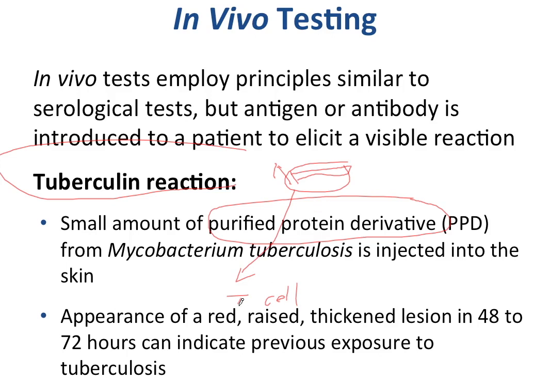So if T cells can recognize this protein fragment, the T cells will migrate to the injection site and attack this protein and cause the redness and raise the lesion.